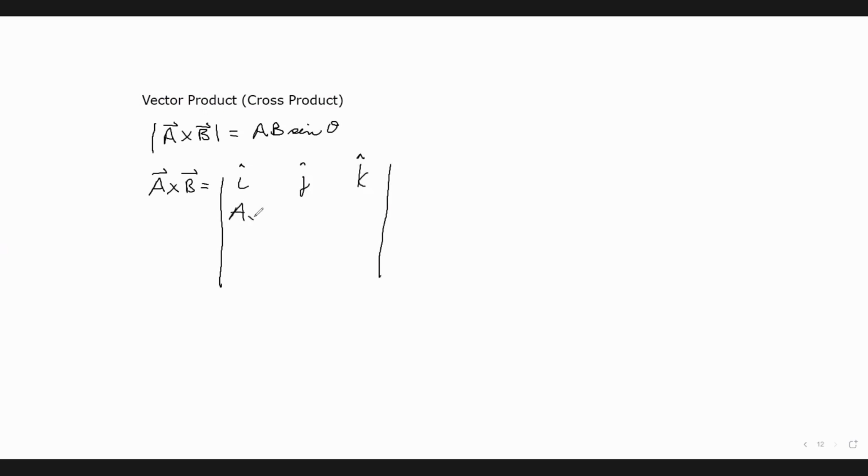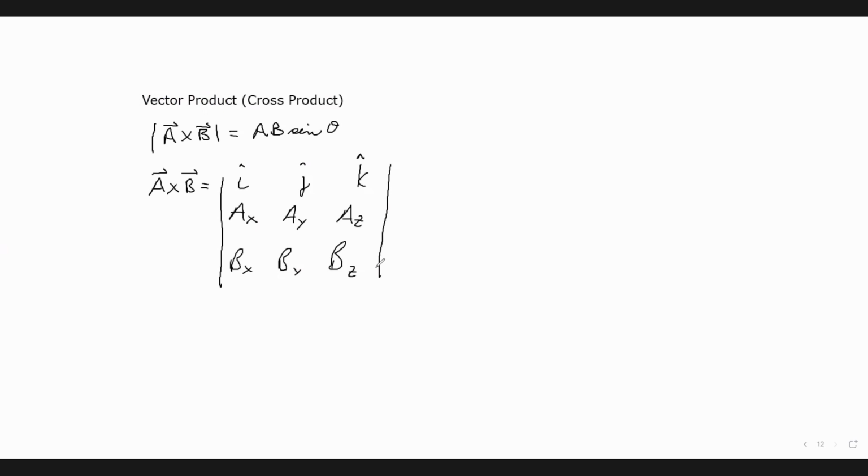Then put AX, AY, AZ. Then put BX, BY, BZ. Okay, this is a determinant. It is actually not the definition of cross product. It is a mnemonic device for the cross product.